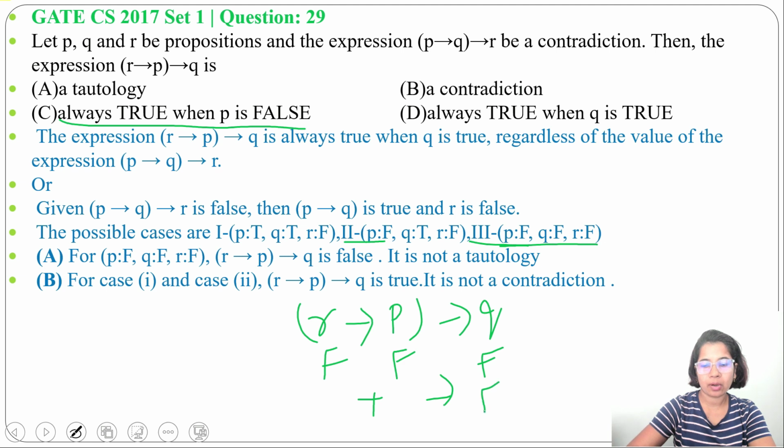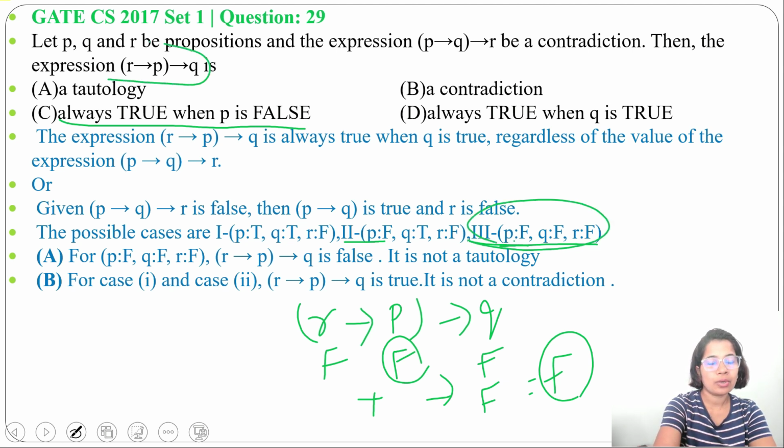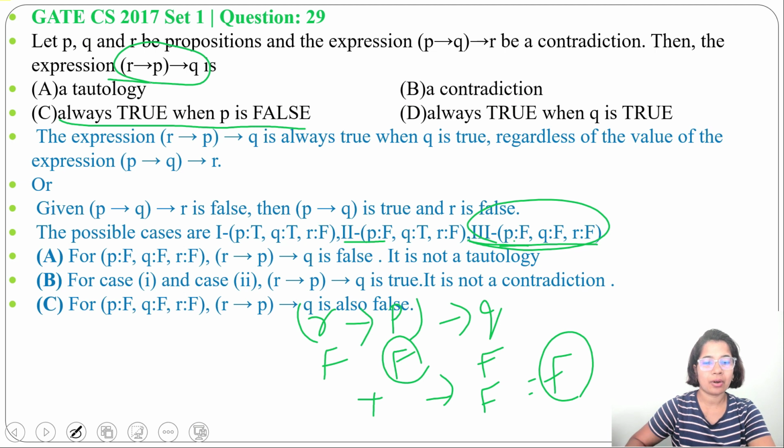True implies false, it's false. It's written that it's always true when P is false, but here we found that for P false, it's not always true. In case 3, when P is false, we are getting this whole implication R implies P, whole implies Q as false. So that's why option C is wrong.